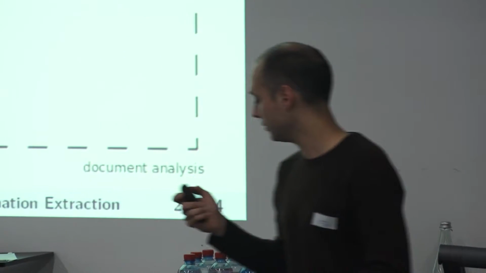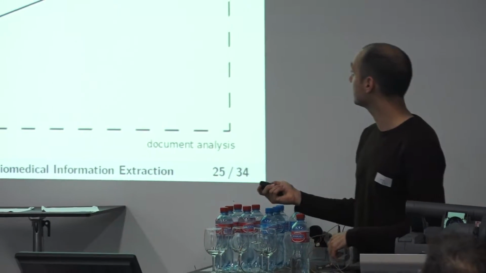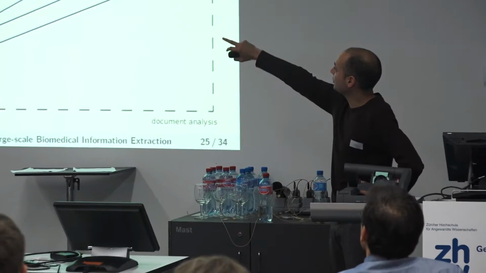This here is a schema, the workflow of interaction or relation extraction, so the process of not finding single entities, but also combining them pairwise into interaction candidates. And you can see here in the middle domain entities.